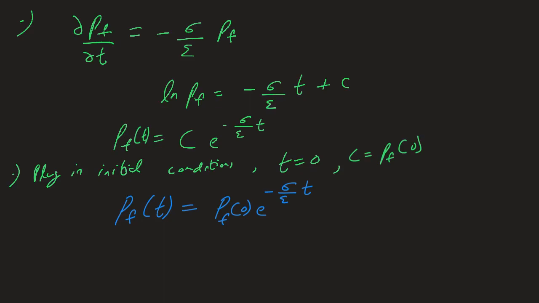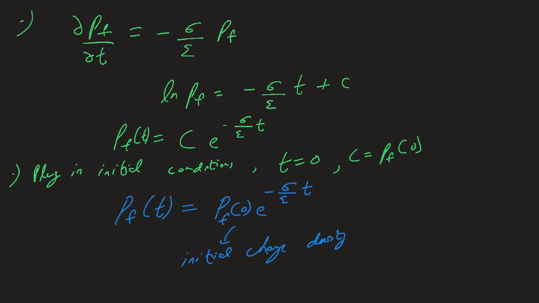Okay, and so basically what this tells us is that because of the continuity equation, this initial charge density at a point decays exponentially, and so at any other point the new charge density at that point is the initial charge density multiplied by an exponential factor.